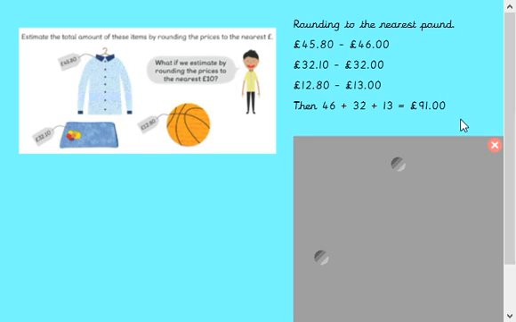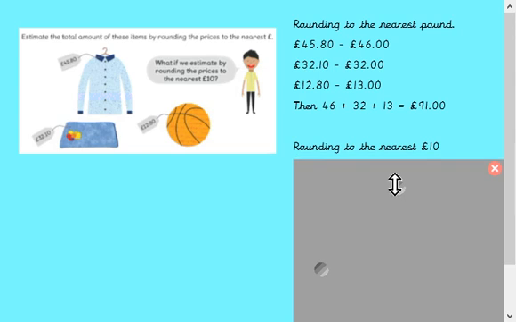Now the second part of the question is asking, what would your answer be if you rounded to the nearest £10? Now hopefully you've been able to do this. So let's have a little look at it. Rounding to the nearest £10.